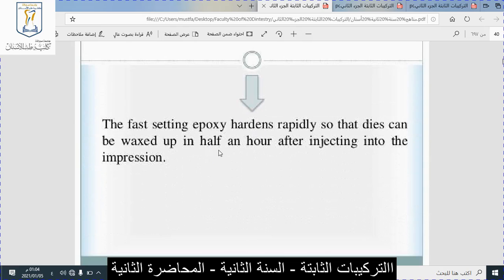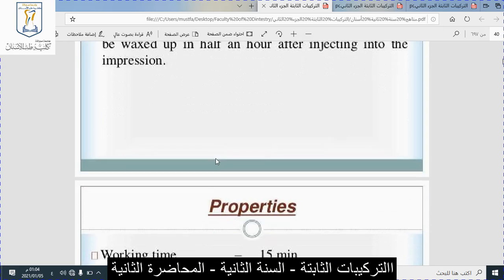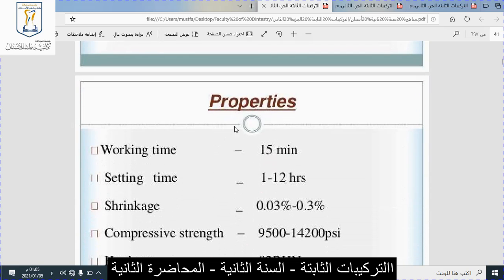The fast-setting epoxy resin hardens rapidly so that the dye can be waxed up within half an hour after injection. After injecting the epoxy resin into the impression, it hardens rapidly, around half an hour, and becomes ready for wax pattern construction.